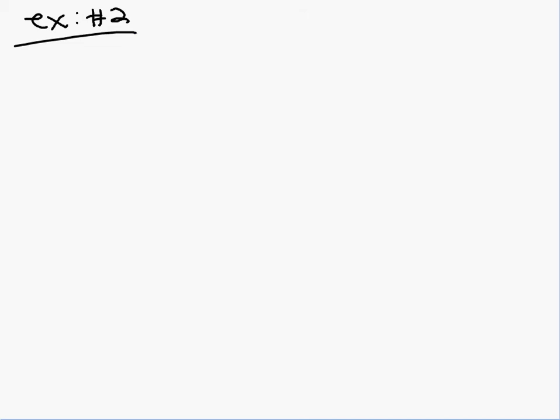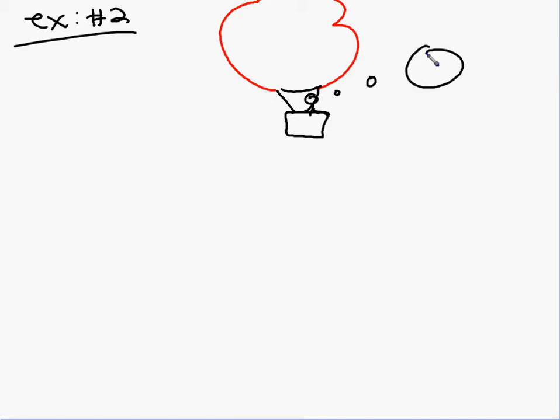So hot air balloons always have pretty colors. So we've got this hot air balloon, and we've got this little dude in here saying hi. Okay. And the hot air balloon is rising.